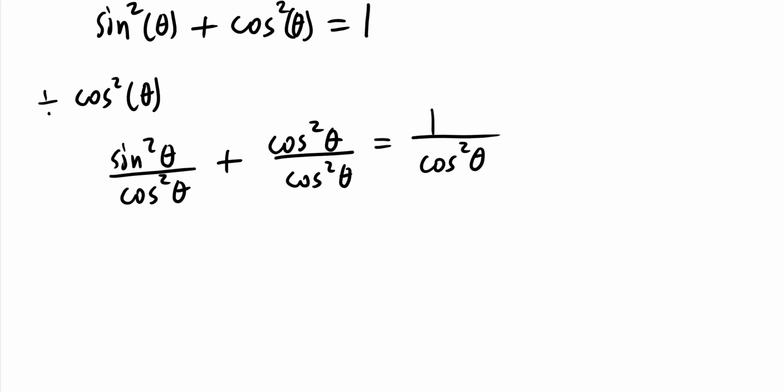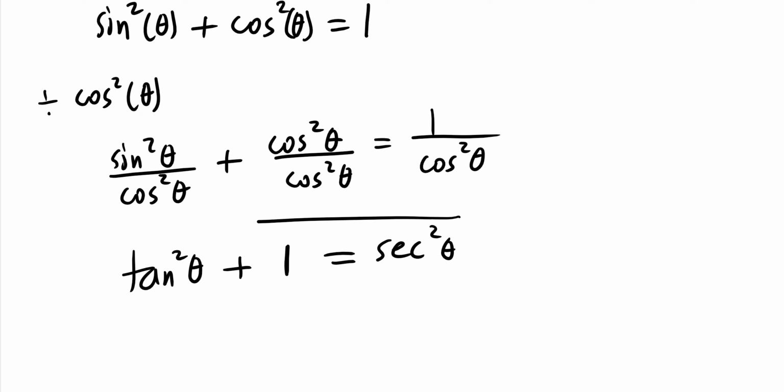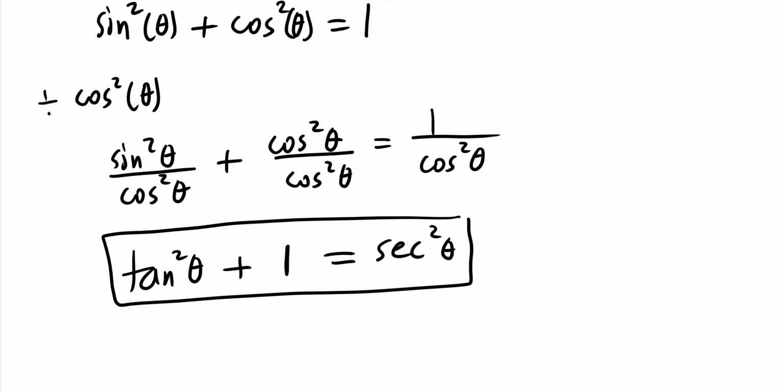Sine over cosine is tangent, so that gives us tangent squared theta. Cosine squared over cosine squared is 1, equals 1 over cosine squared, which is secant squared. So that gives me another identity: 1 plus tangent squared is secant squared.